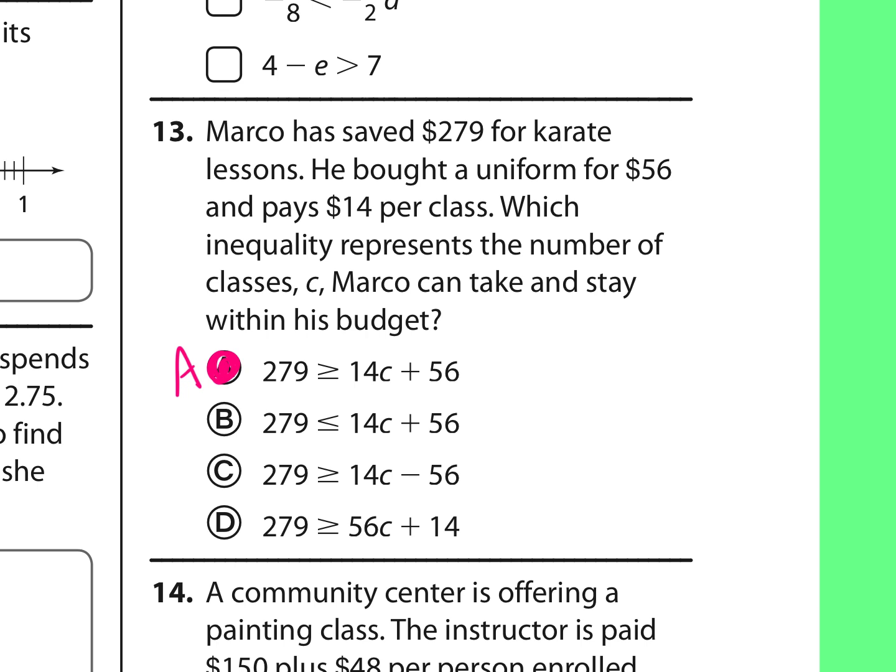He buys a uniform that is $56. He adds $14 times each class, and this has got to be less than or equal to 279. To rearrange, this is the same as saying 279 is greater than or equal to the cost of his classes, which we had as 14C plus 56, so that matches answer choice A.